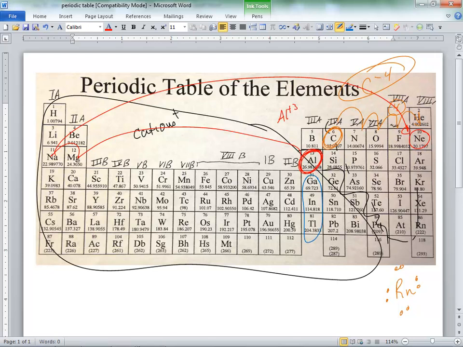We've been taught since the beginning of time that all these elements in the same group are supposed to have the same chemical properties. So shouldn't everything have a plus 3? No. Gallium, indium, and tellurium only form plus 1 in nature. The answer is on the periodic table. Diana, why is that? The answer's on the periodic table.